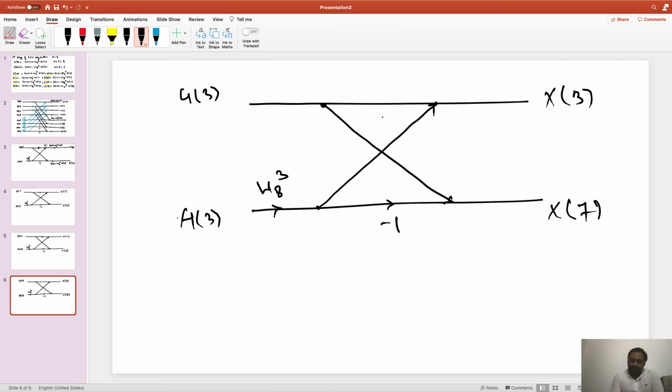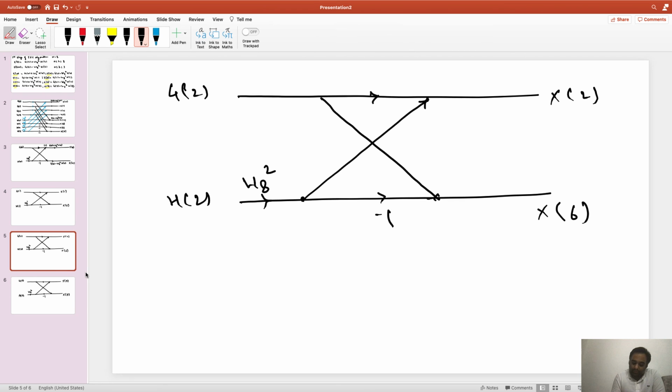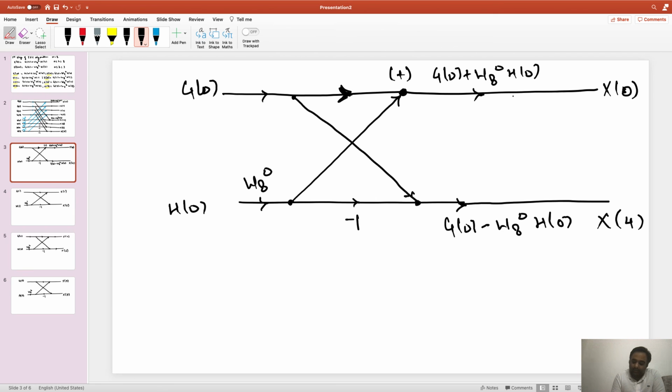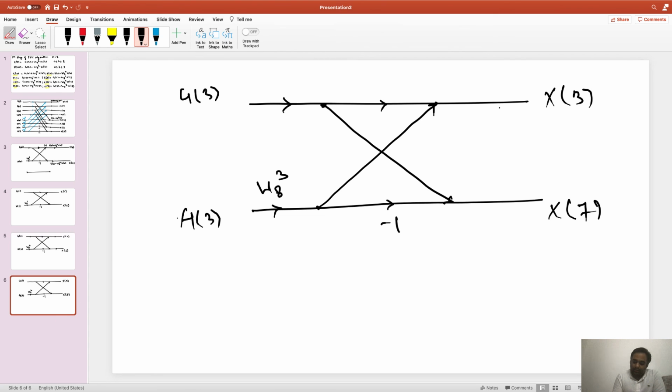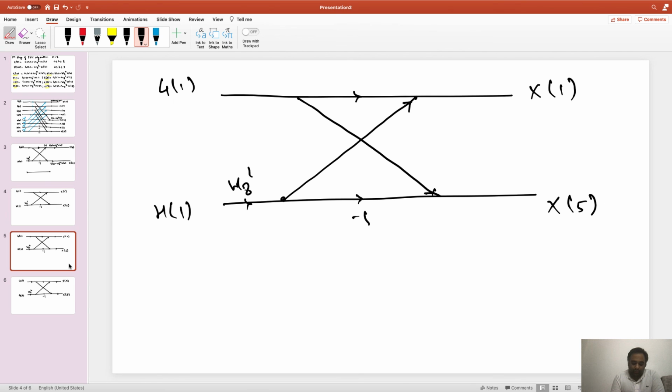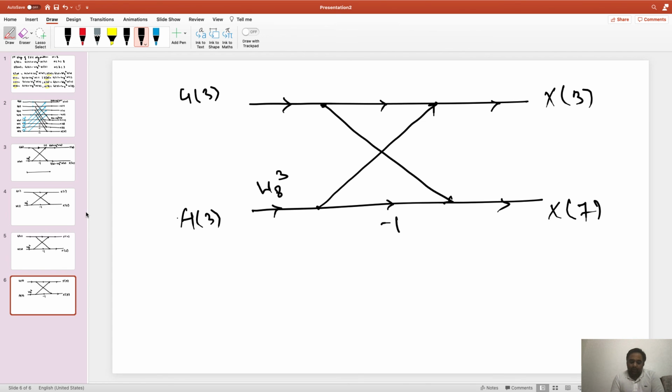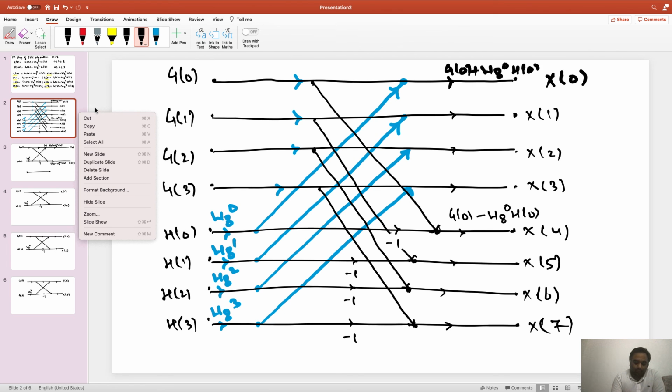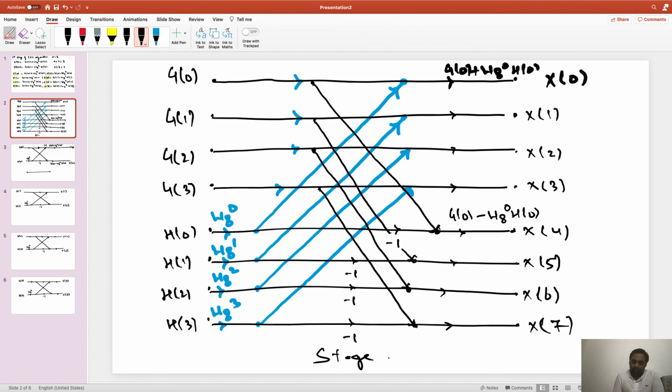So you can see all the arrows are there. If you don't see an arrow somewhere, it is there and it is automatically pointing from left to right. So you can see that these 4, when combined together, you will get this kind of a model, which is stage 1.